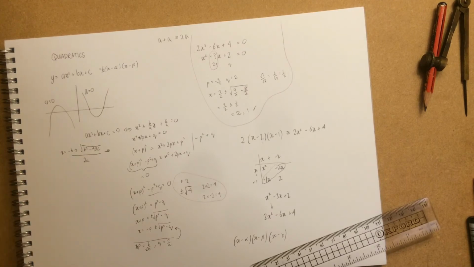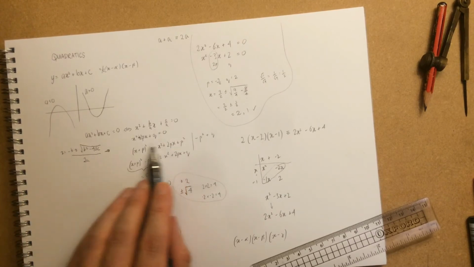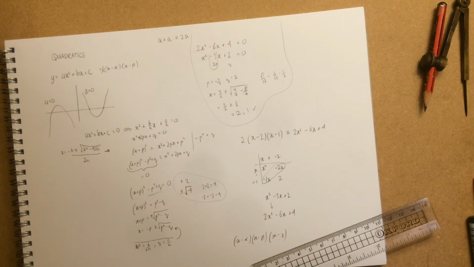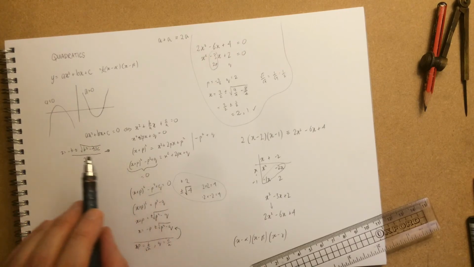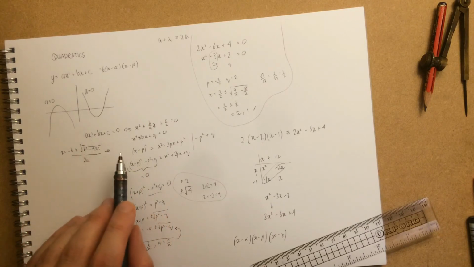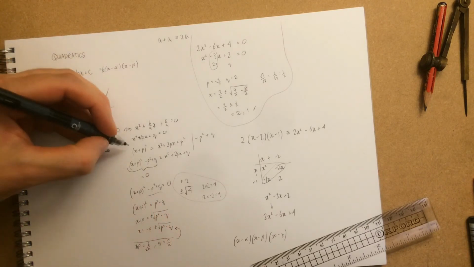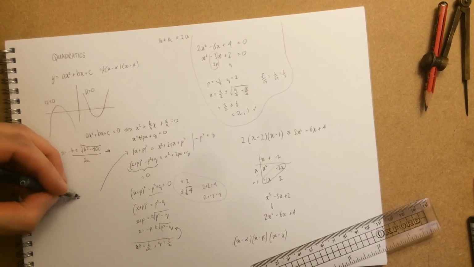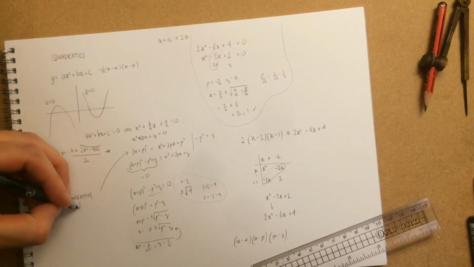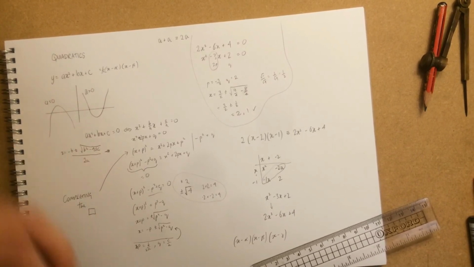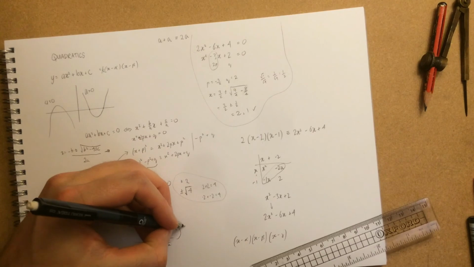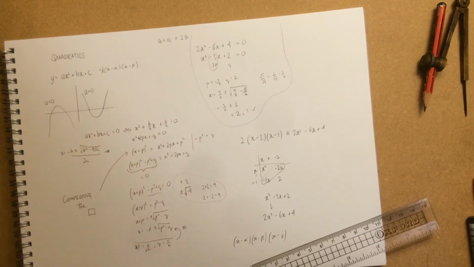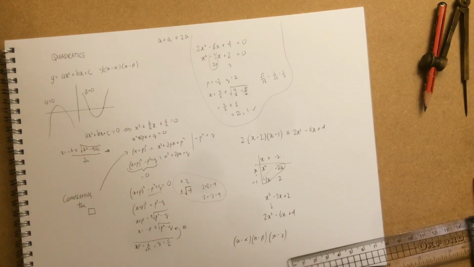But you never need it. You just divide through by a, and suddenly you've got this situation, and it solves very nicely. Completing the square, that's the key buzzword, which we did here. We should put a little square here as well to show that we're done. Okay, that's all.